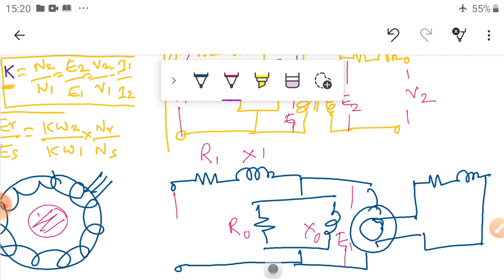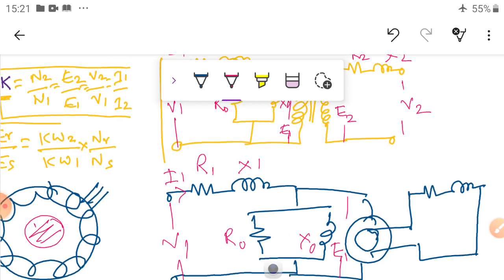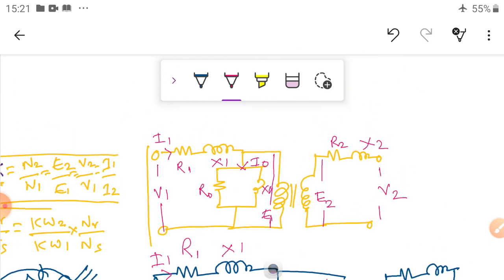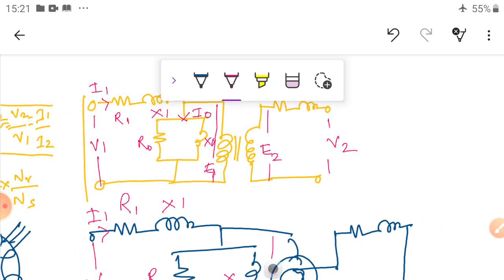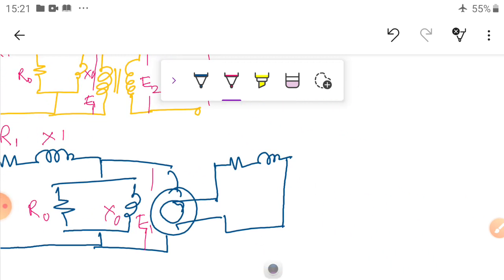This voltage is V1 and the current is I1, similar to this one. Now here are R2 and X2, shorted, and the induced voltage is E2, so V2 is 0 here.